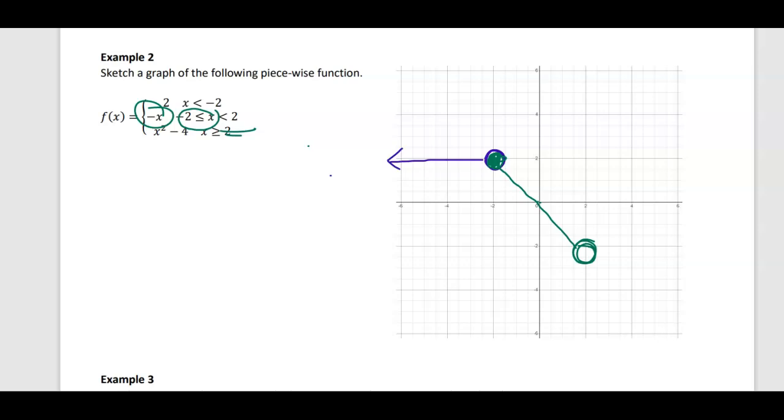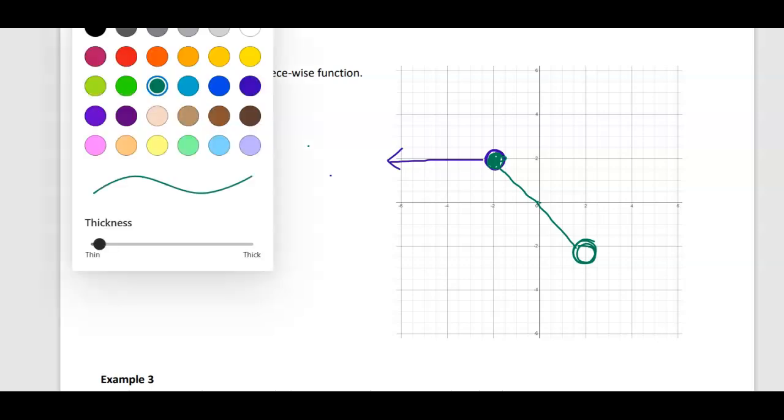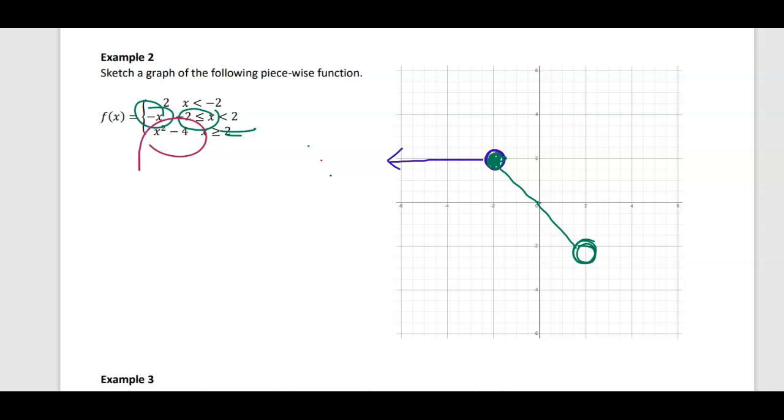Okay. All right, and then our last one is x squared minus 4. Okay, so x squared moved down 4. I would go over 1, up 1, over 2, up 4, and then draw in my quadratic function that way, right?